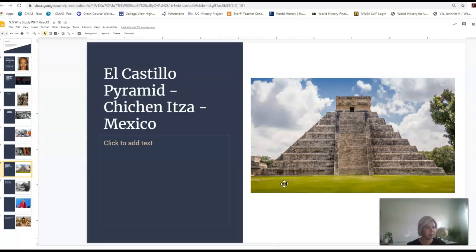So how can looking at other civilizations in different parts of the world help us better understand world history? What do you think here about the Castillo Pyramid at Chichen Itza? You're responding to that in line 7.